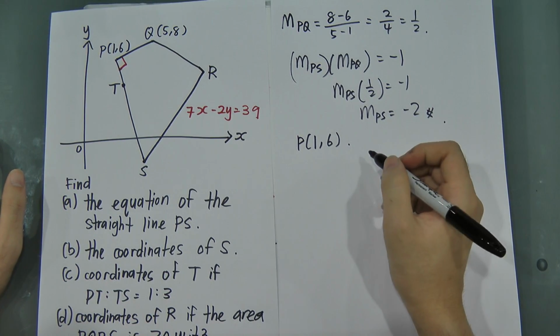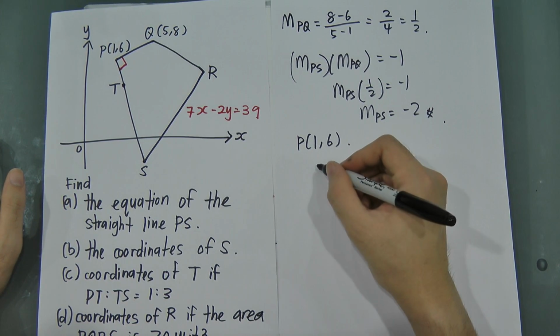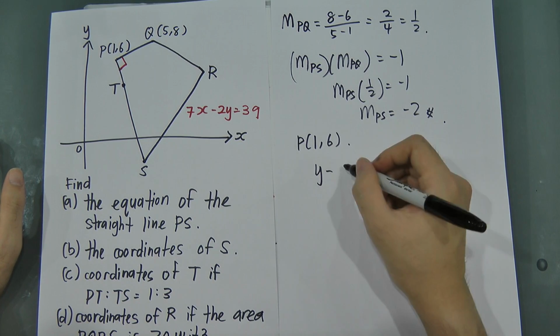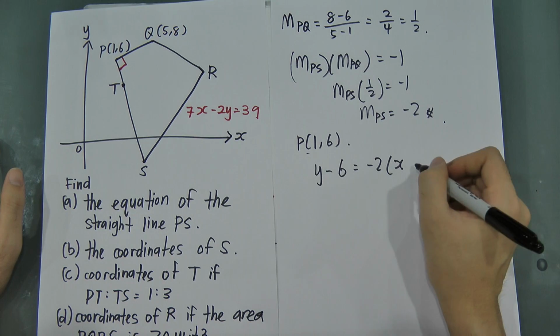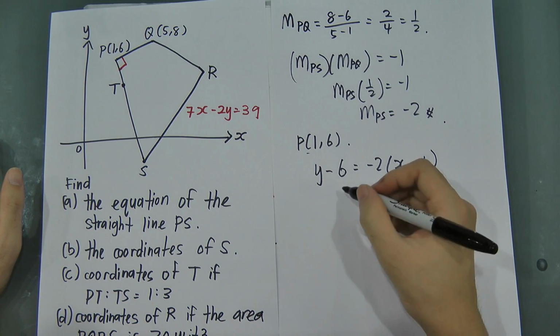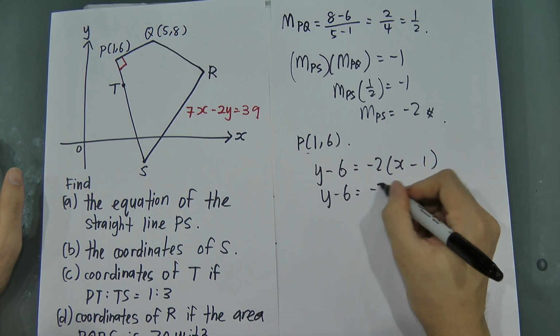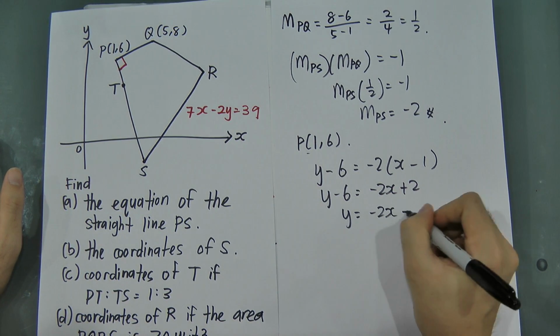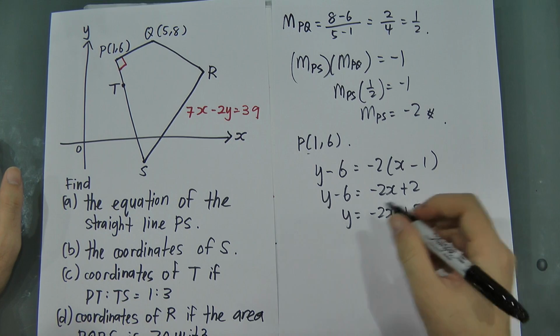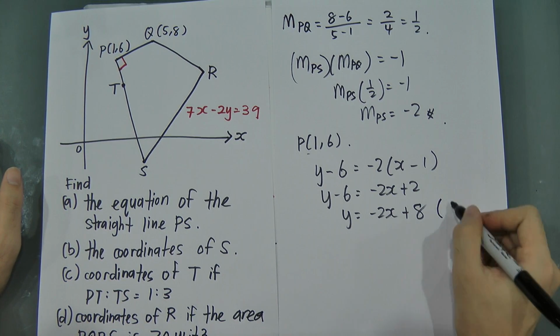I'm going to substitute in the formula y minus y1 equals m times x minus x1, with m as negative 2 and x1 as 1. So y minus 6 equals negative 2x plus 2, so y equals negative 2x plus 8. This is the equation for PS.